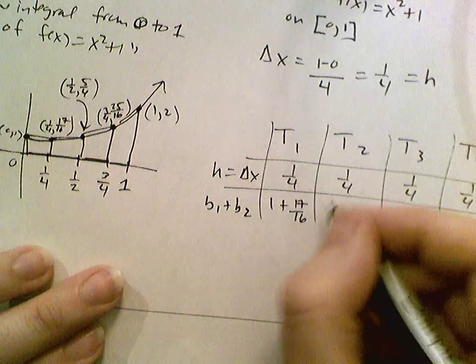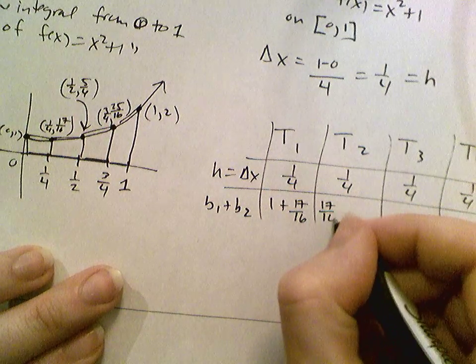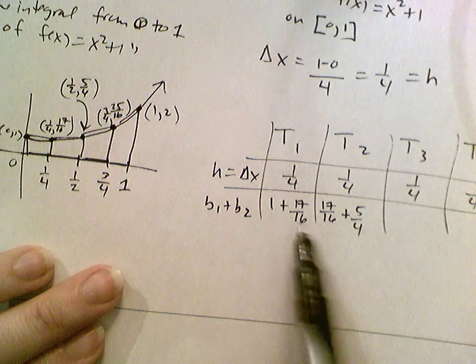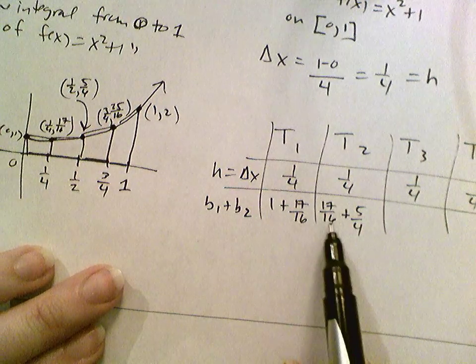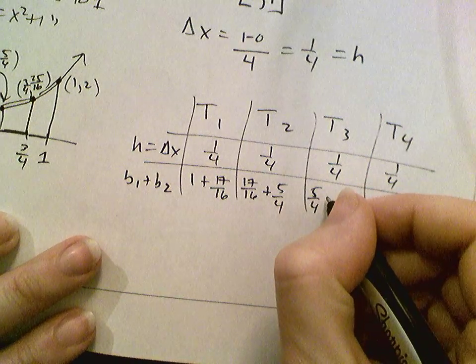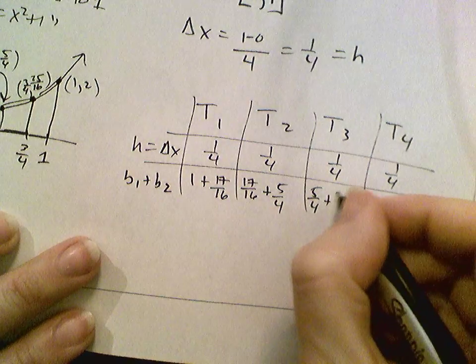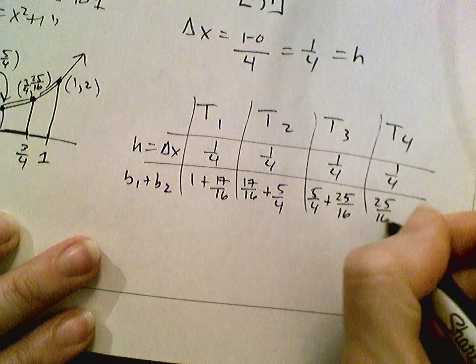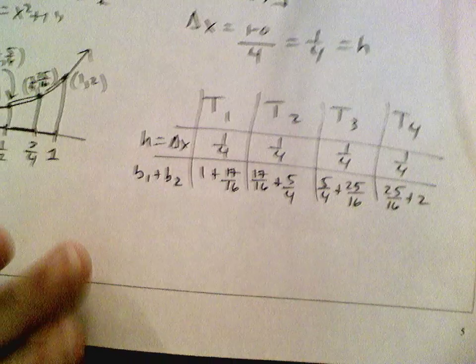And then for the second trapezoid, 17/16 plus 5/4. Notice base 2 of the previous trapezoid is base 1 of the next one. So then this is 5/4 plus 25/16, and then 25 over 16 plus 2.